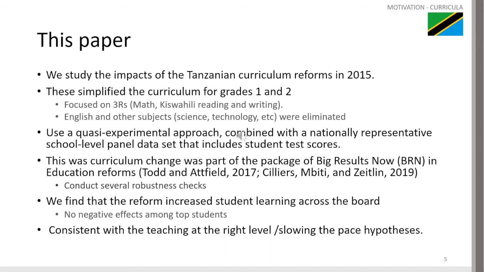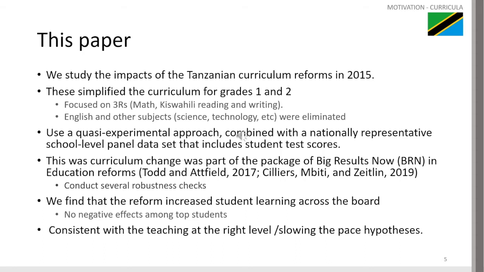And they essentially downplayed or reduced the amount of time spent on other subjects, including eliminating English altogether. So what we're going to do is use a quasi-experimental difference-in-differences approach combined with some nice data to really evaluate and examine the impacts of this on student learning.